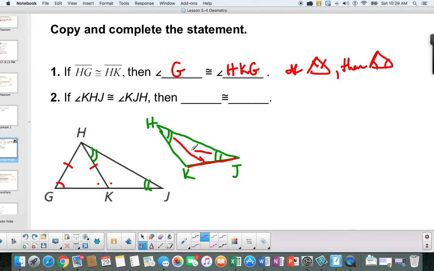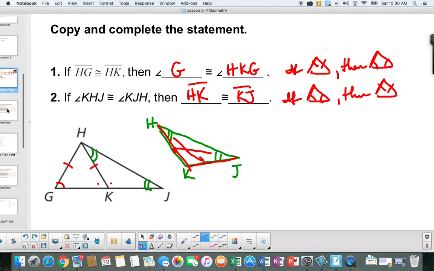And we know this side is opposite this angle. So we can say HK is congruent to KJ. And this is the converse. So when the two angles are congruent, then you can say the two sides are congruent. This is the converse of the base angles theorem.